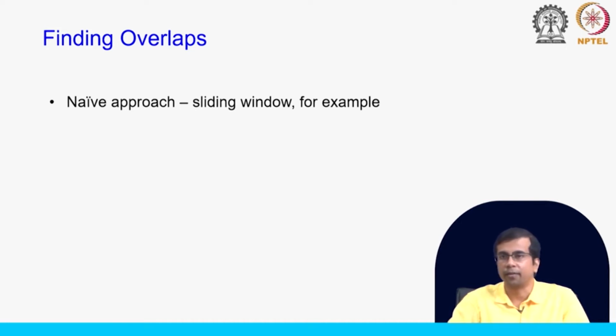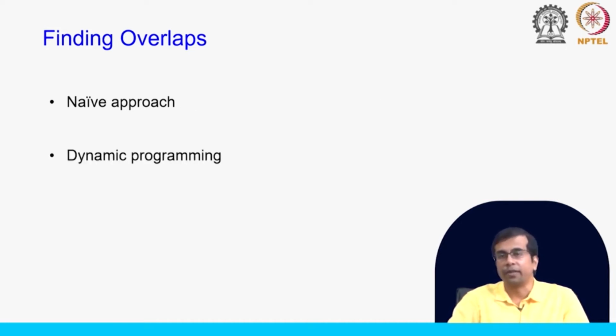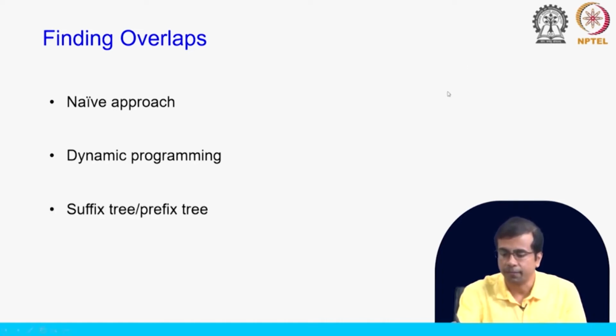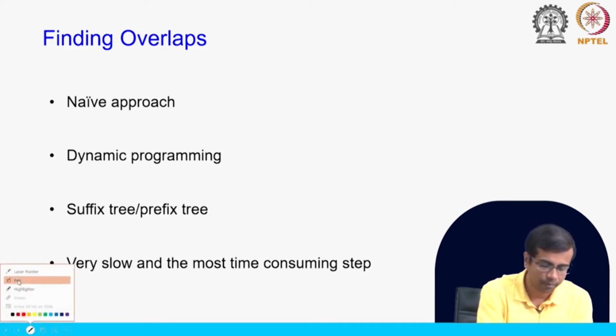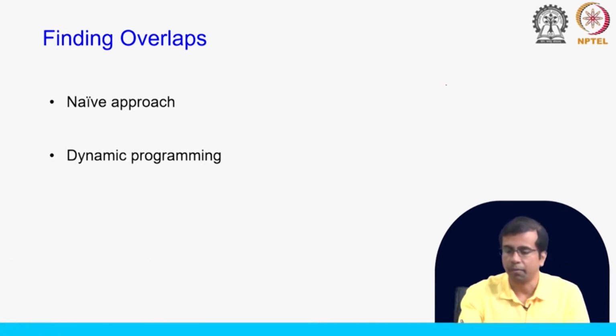The second approach is dynamic programming. We will not go into this in detail in this class, we will not have time to do that. Some of you might be familiar with dynamic programming. This is applied in the case of global alignment and local alignment, the Needleman-Wunsch algorithm or the Smith-Waterman algorithm. We apply dynamic programming where we build a matrix. If you have these two sequences, sequence 1 for example, we build a matrix something like this.